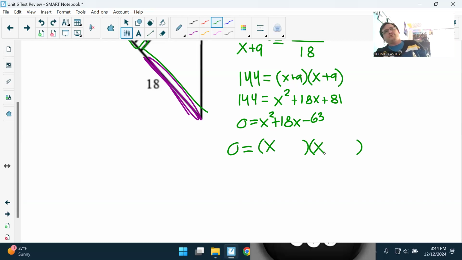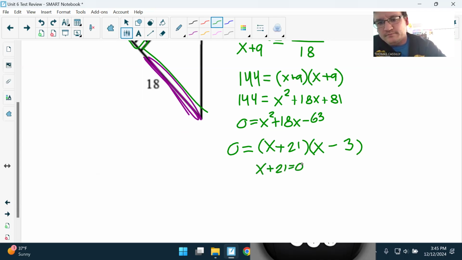Now, factors of 63. I don't know, 21 and 3. 21 times 3 gives us 63. I'm looking for a positive 18, so I need a positive 21 and a negative 3. So I got x plus 21 equals 0, and x minus 3 equals 0. So I got x equals negative 21, and x equals 3.